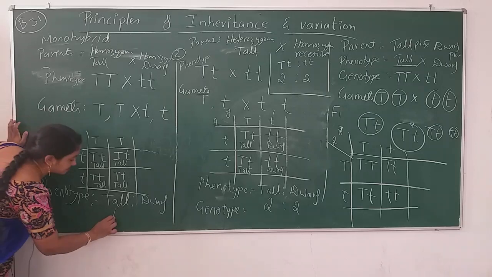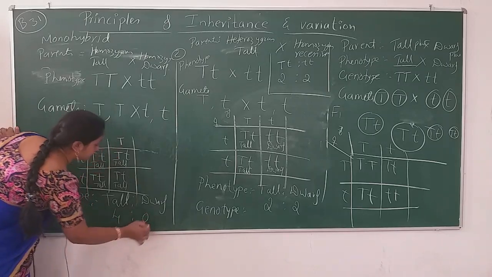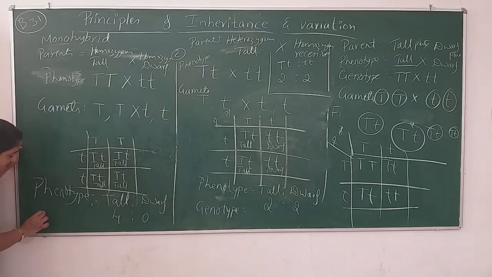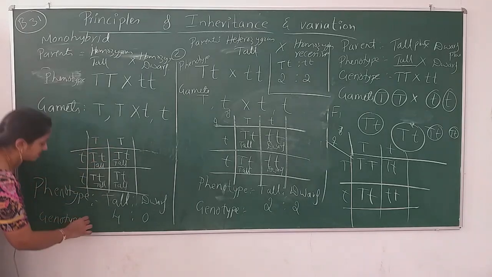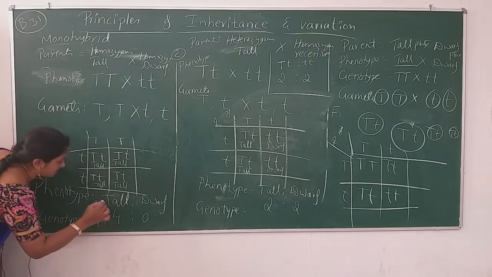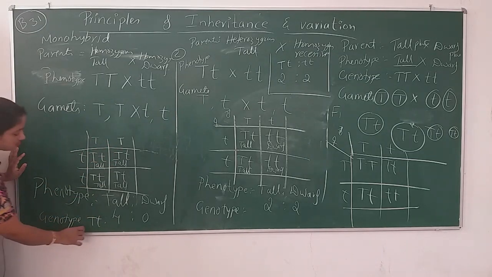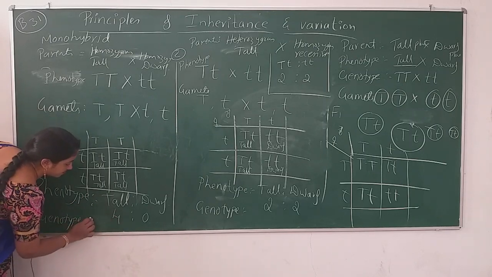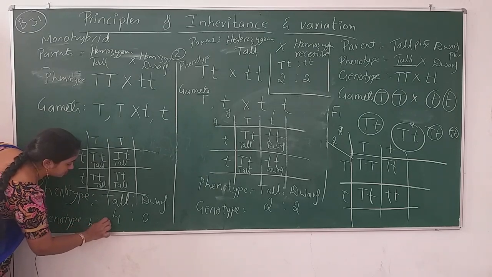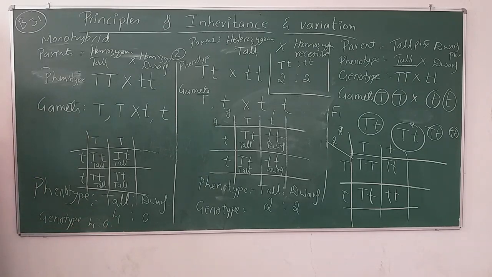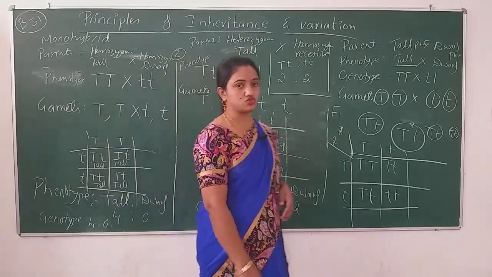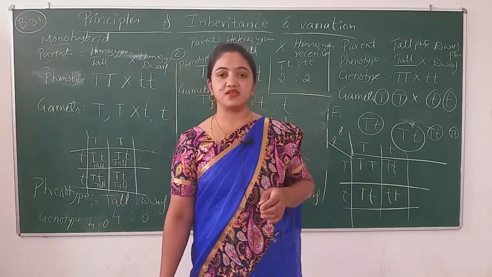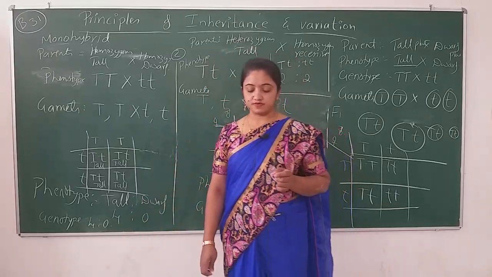How many tall plants? 4 tall, 0 dwarf. Genotype: capital T, capital T, small t. So it is also 4 is to 0. You have to write the ratios of the offspring as follows.